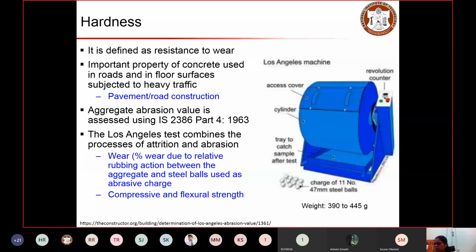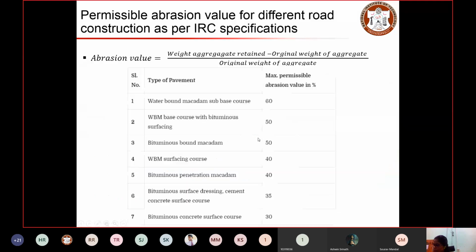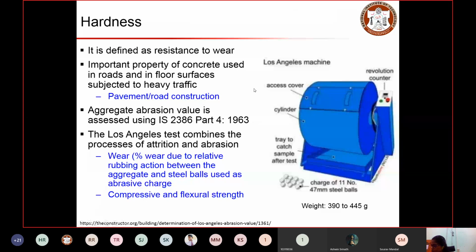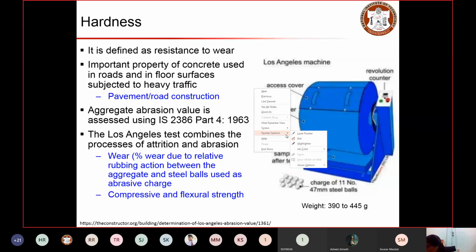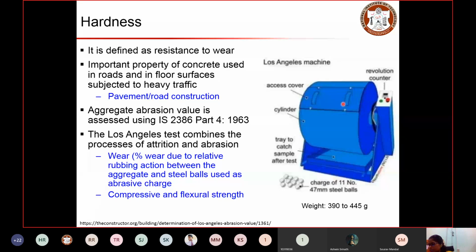So what do we do in this machine? We have this cylindrical drum here, and we put the aggregates inside the cylindrical drum.